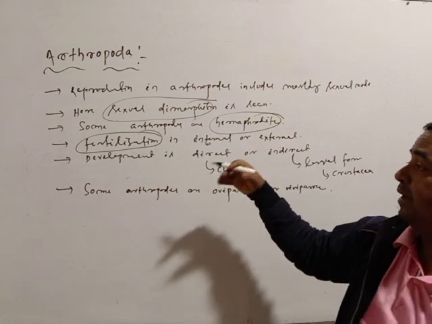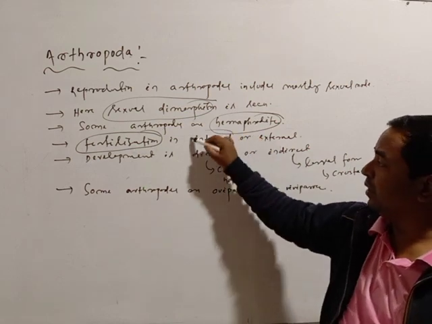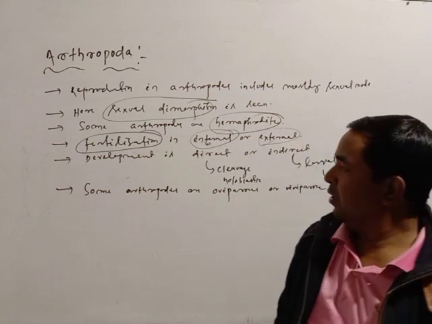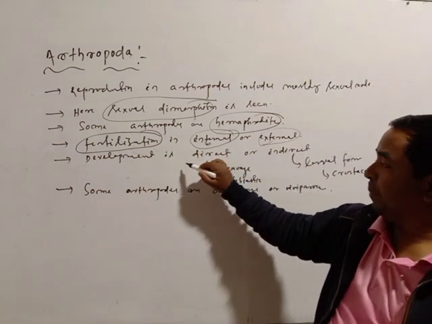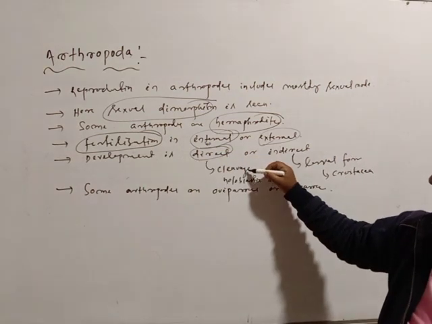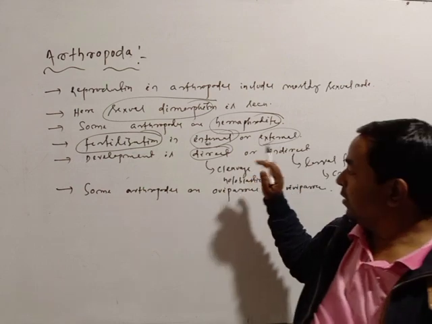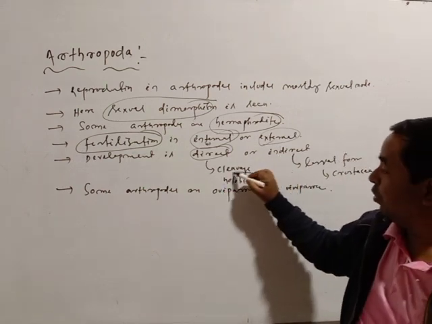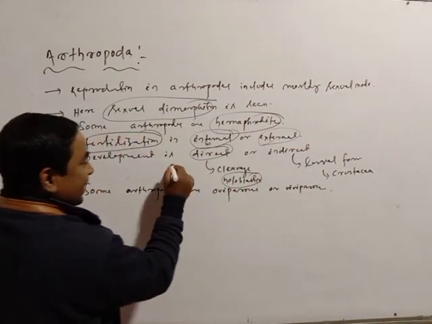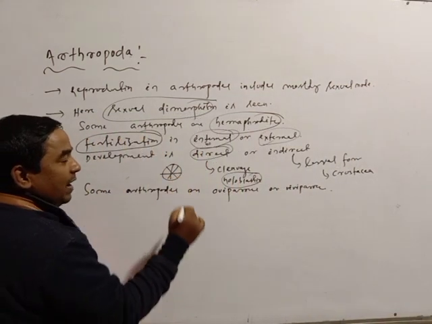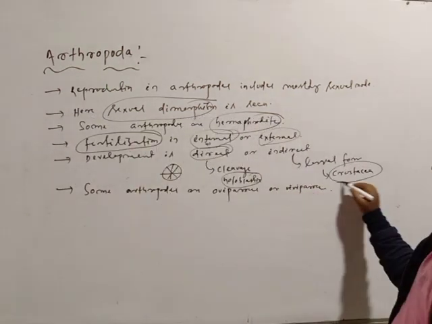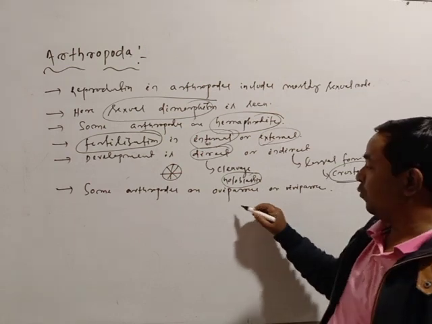Amphimixis of gametes to form a diploid zygote takes place inside the body, which is internal, or outside the body, which is external. When development takes place without a larval form, it is direct development. Cleavage means embryonic development, which is holoblastic, a mitotic division that divides without increasing size. Larval forms include crustaceans.